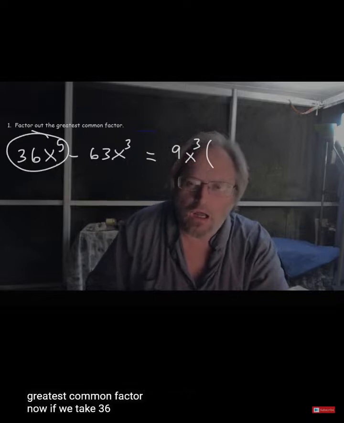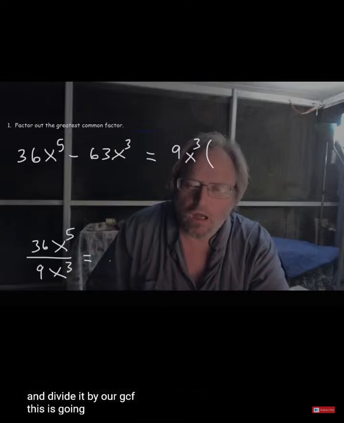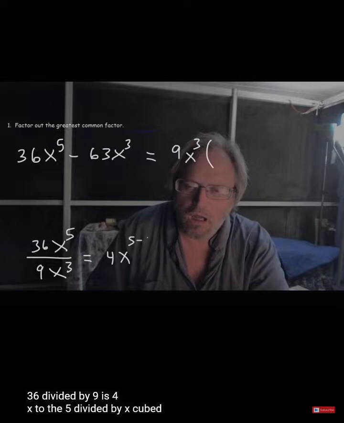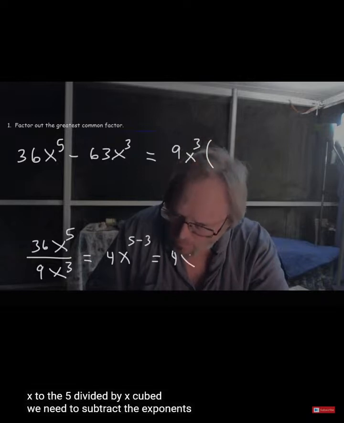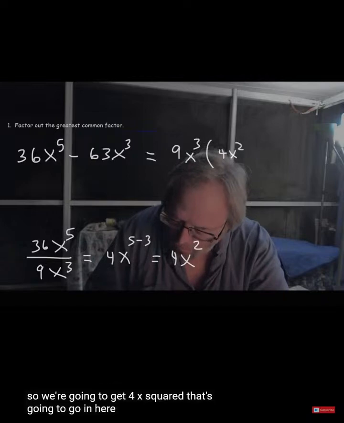Now if we take 36x to the 5th power and divide it by our GCF, 36 divided by 9 is 4. x to the 5 divided by x cubed, we need to subtract the exponents. So we're going to get 4x squared. That's going to go in here.